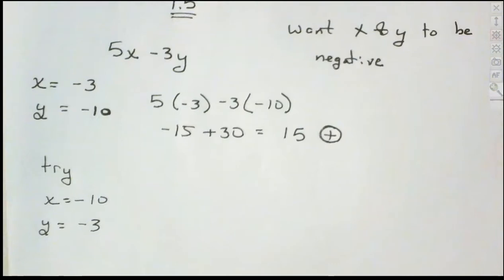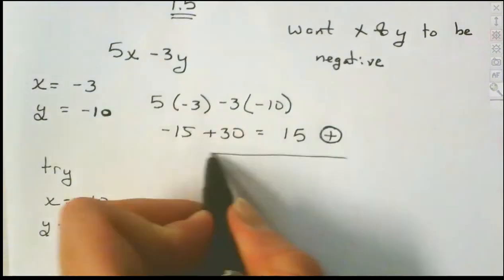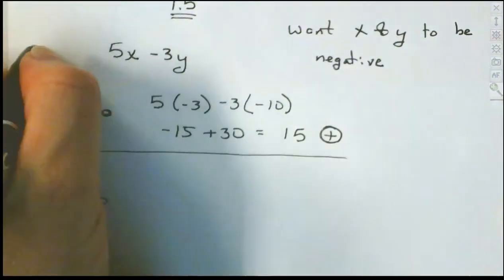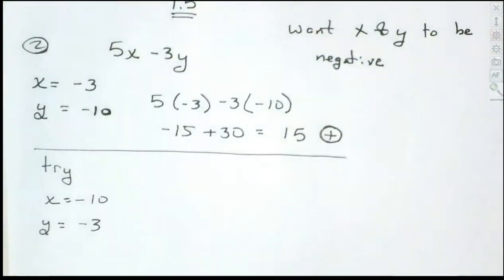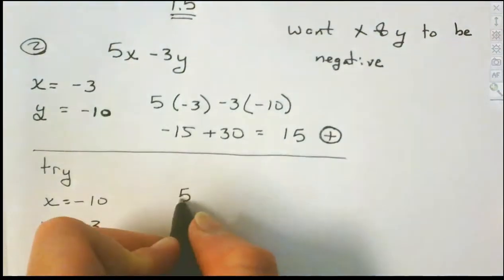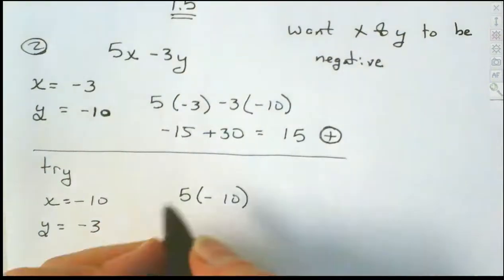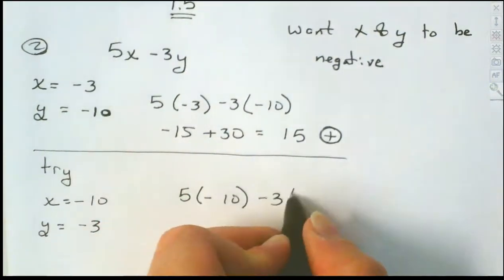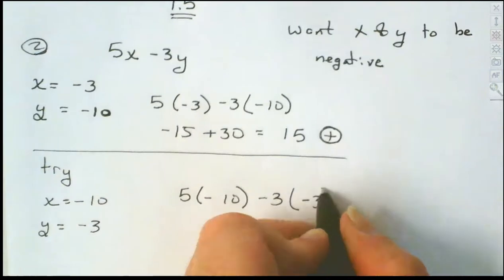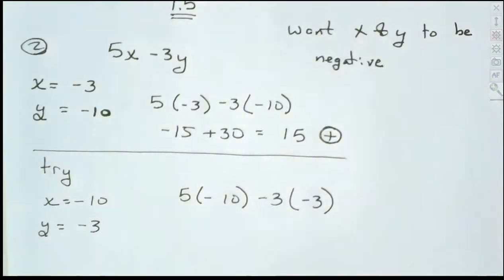Let's plug the numbers in and see what we get. And this is all relating back to question 2. So I'm going to plug my values in. And we'll work it out.